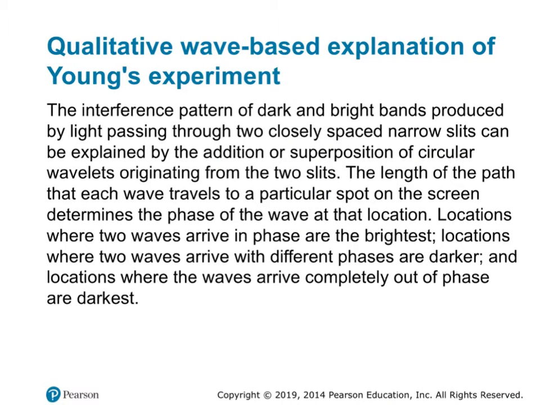So here's some notes you might want to write down. I'll just walk through it. The interference pattern of dark and bright bands produced by light passing through two closely spaced slits. Those were very closely spaced, and we should say something about that. The spacing of those slits has to be very, very small to create this effect.